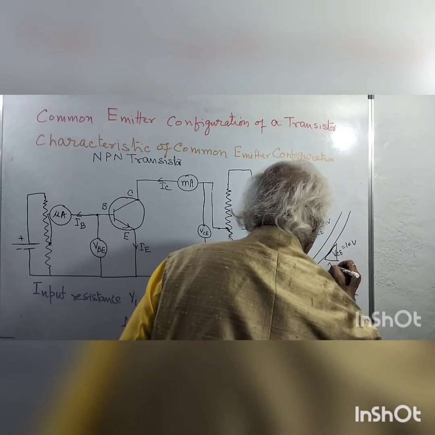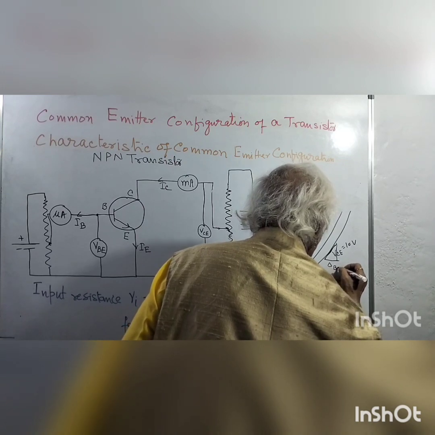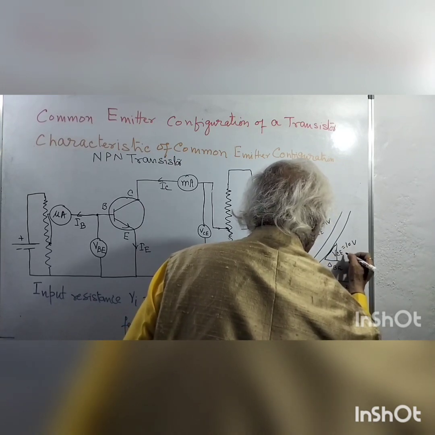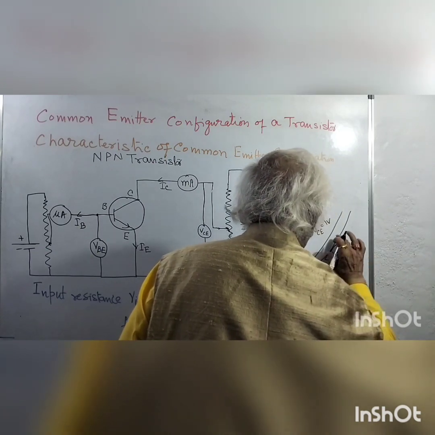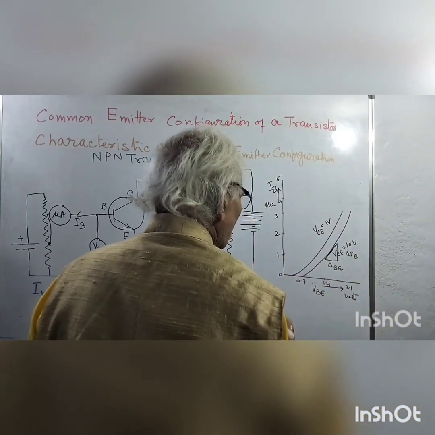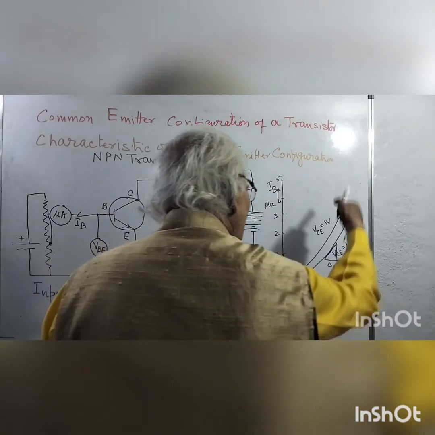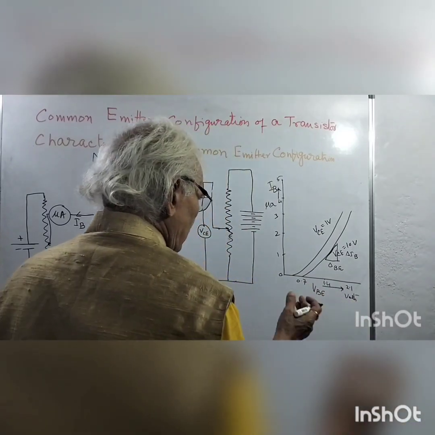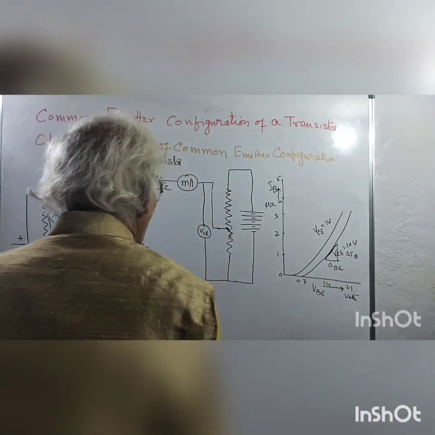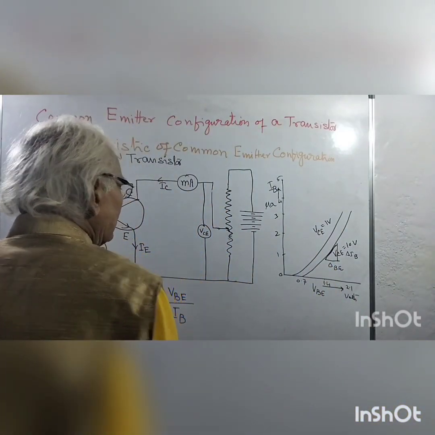So this is delta VBE and this is delta IB. So for the straight line portion, the ratio is constant. The curved portion we don't use, as it is not constant. So for the straight line portion, we get delta VBE over delta IB.